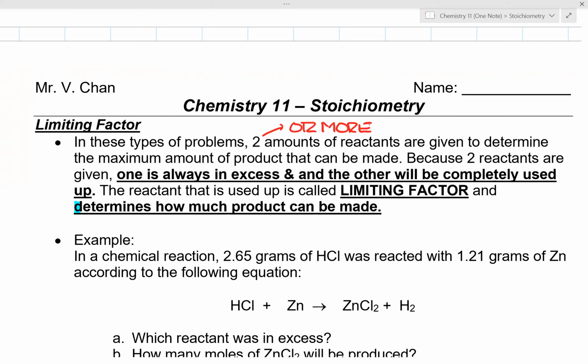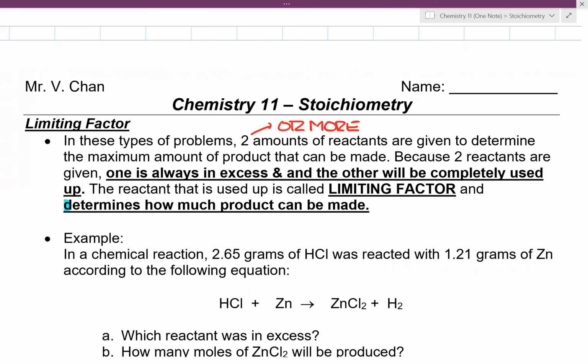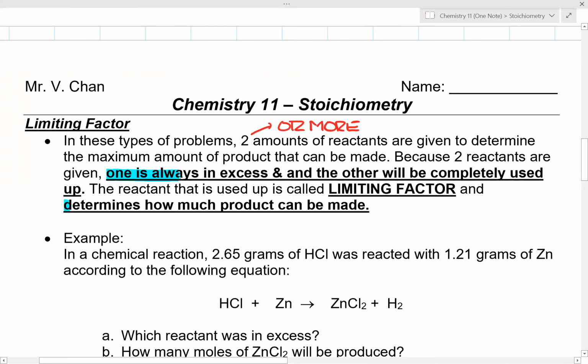Because two or more reactants are given, one is always in excess and the other will be completely used up. The reactant that is used up is called the limiting factor, and this determines how much product can be made.